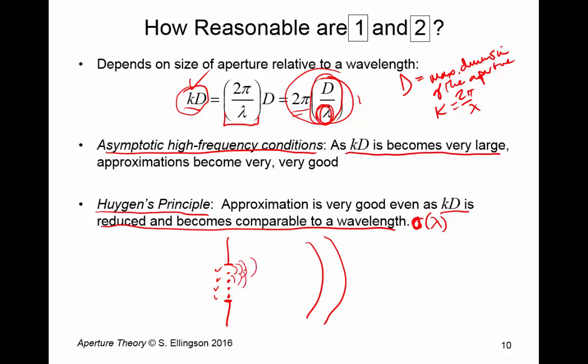Each one of these point sources radiates a spherical wave. You discover that this collection of point sources, each radiating spherical waves, when added together, gave you the actual radiated field out here that you would expect. This is probably not so obvious yet, but we'll do some investigation later, and we'll see that this is in fact a good idea, that even as the aperture dimension gets down to about a wavelength, this is still a pretty usable idea. An approximation to be sure, but a useful one.